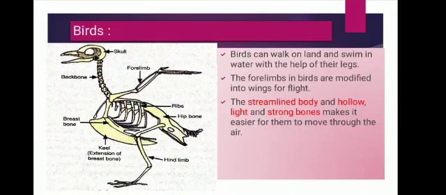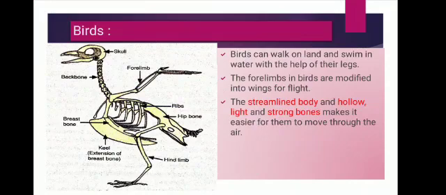Now birds can fly. Birds can fly because their bodies are adapted for this purpose. So what are the main adaptations which have been made in the body of a bird by nature to enable them to fly? Their forelimbs are modified to form wings for flying.